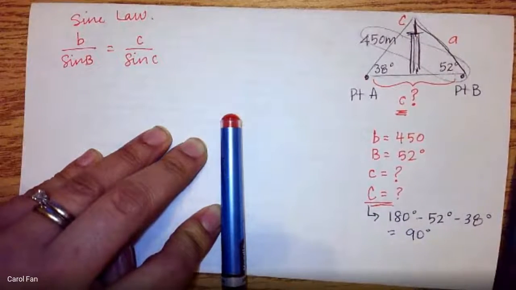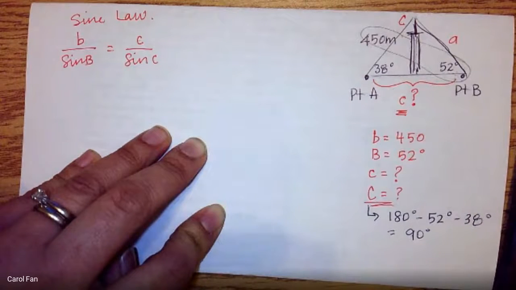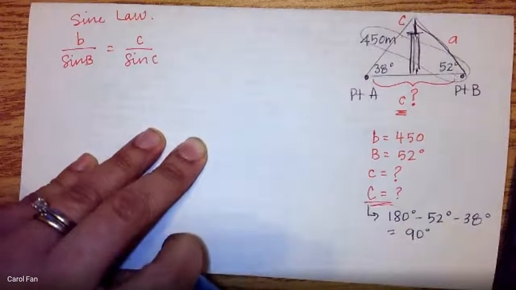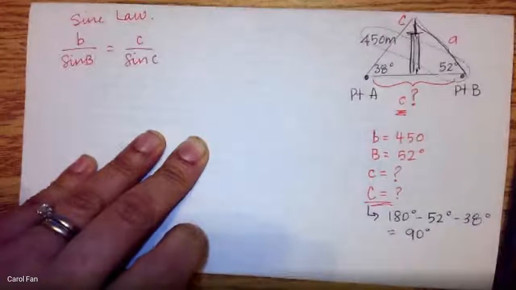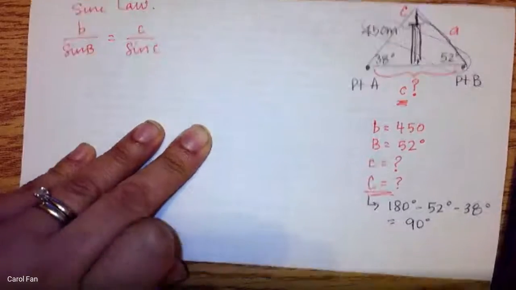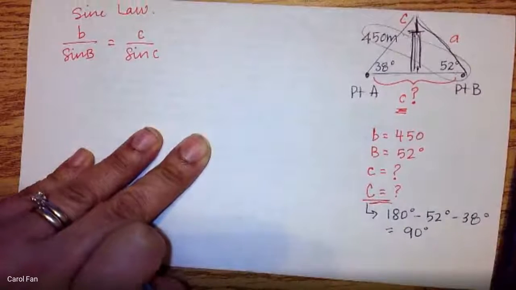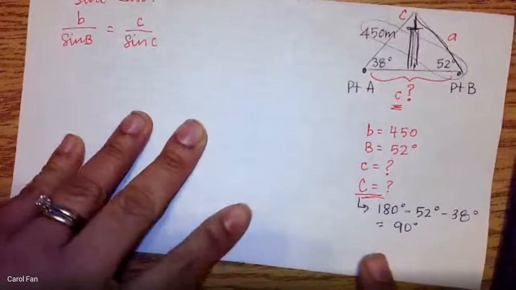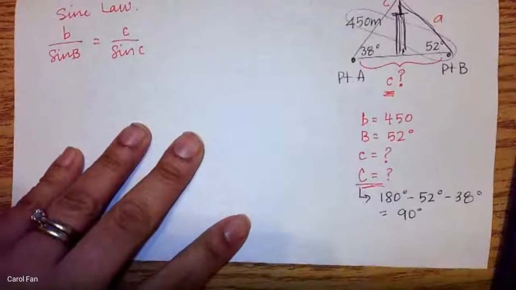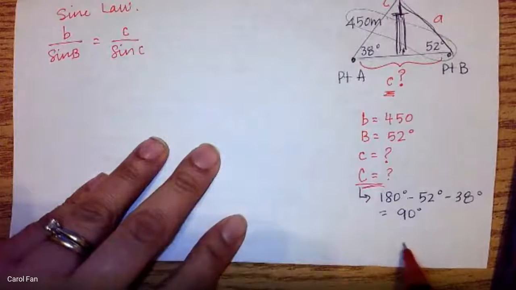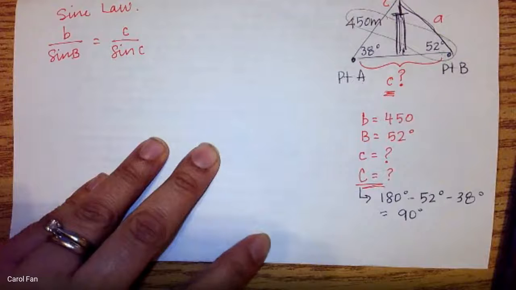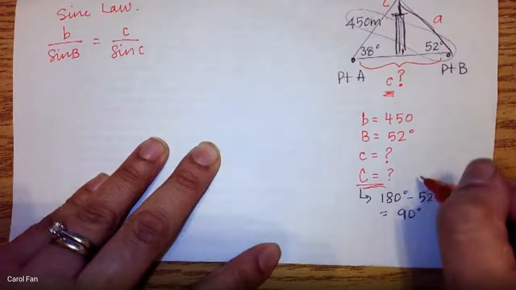Oh, this one just so happens to be a 90-degree angle. But we didn't know that before, so we were not able to use right angle triangle. Now that we know it is 90 degrees, we've got two options. We can continue to proceed using the sine law, or I could use a ratio.